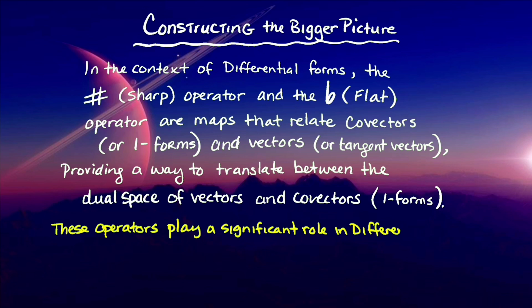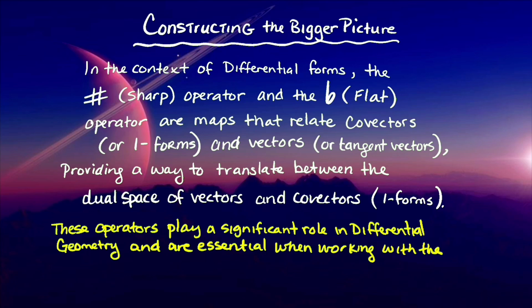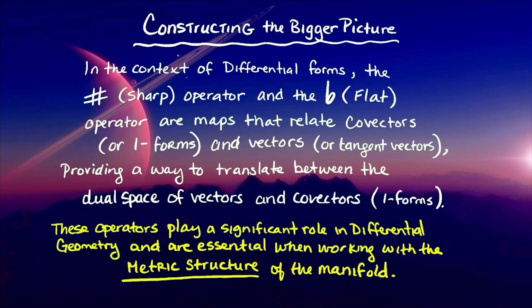These operators play a very significant role in differential geometry, and they are essential when working with the metric structure of the manifold, because the sharp and the flat operators are directly related to the metric tensor and the inverse metric tensor.